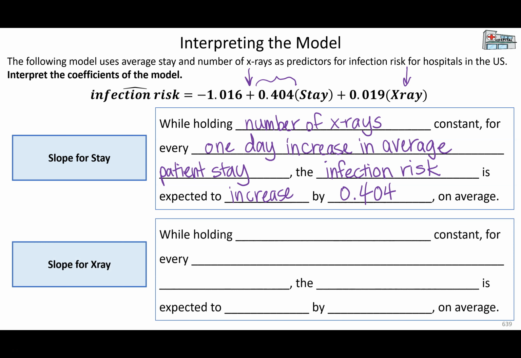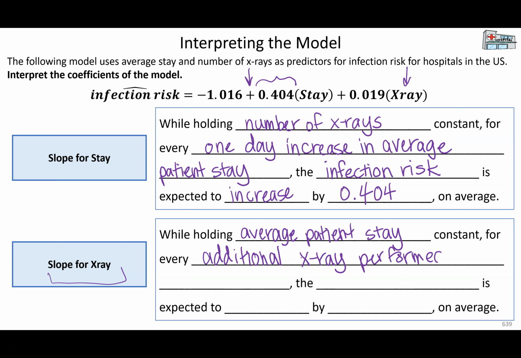I can do the same thing for the slope of x-ray. If I'm looking at x-rays, I need to hold stay constant. So while holding average patient stay at a hospital constant, for every 1 unit increase in x-rays, so for every additional x-ray, this is probably in a very specific span of time, x-ray performed, sometimes the verbs don't come to me.